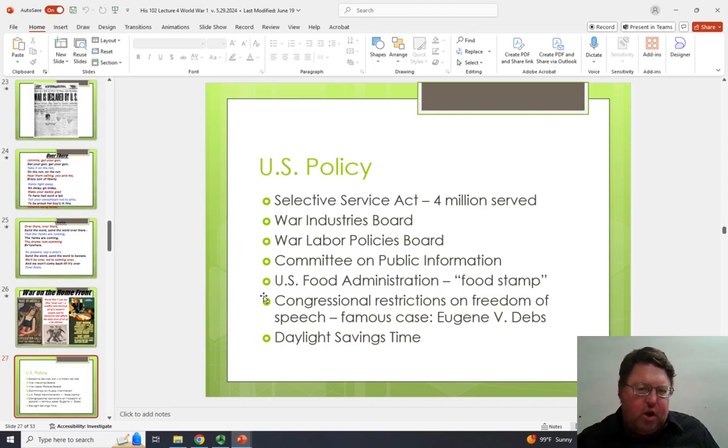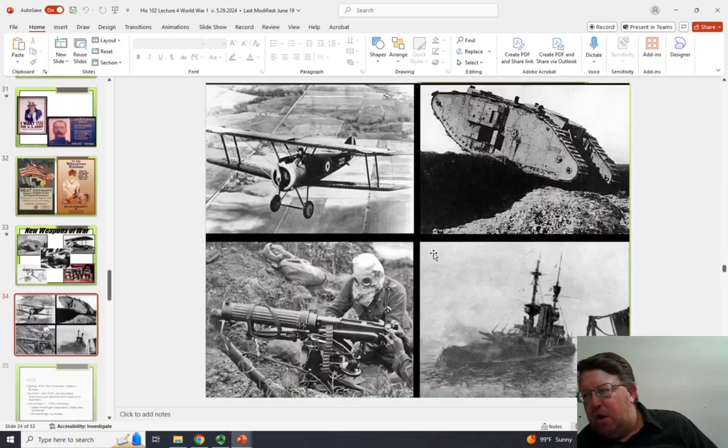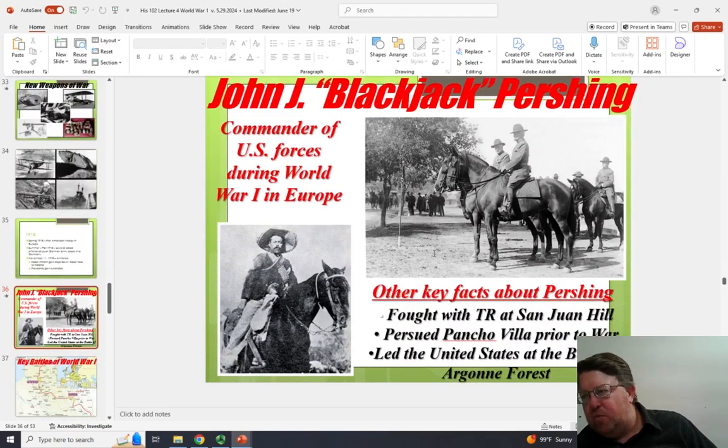The U.S. Food Administration, you can talk about food stamps. During World War I, everyone got a ration book with how many eggs and how much milk you could buy. So you can talk about U.S. policy during that.